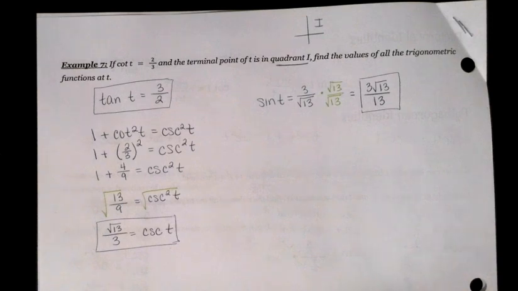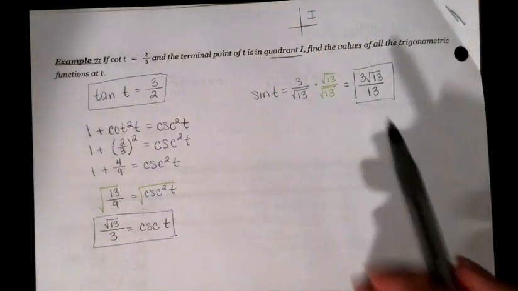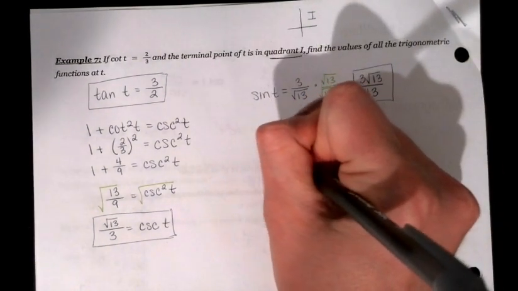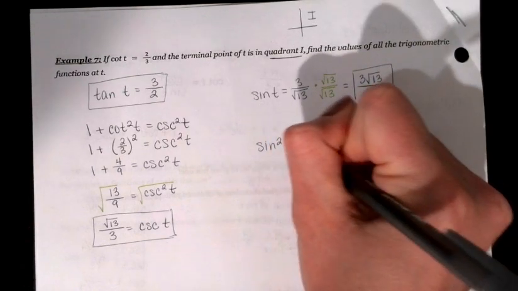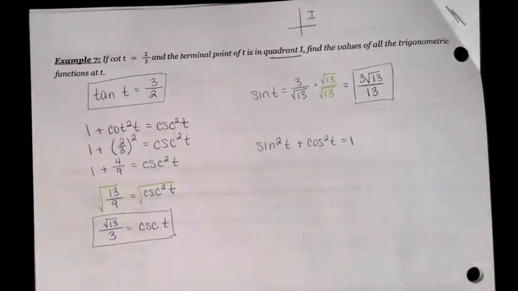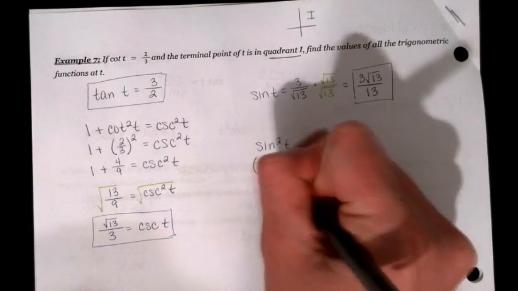So what we have left is cosine and secant. So I have some options. Since I have sine of t, I'm actually going to use my Pythagorean identity of sine squared plus cosine squared equals 1. So I am going to plug in what I know.